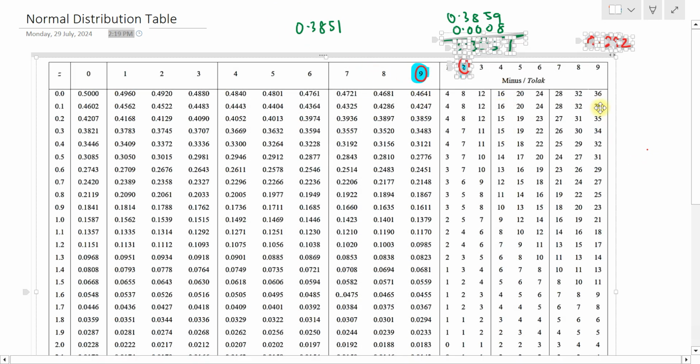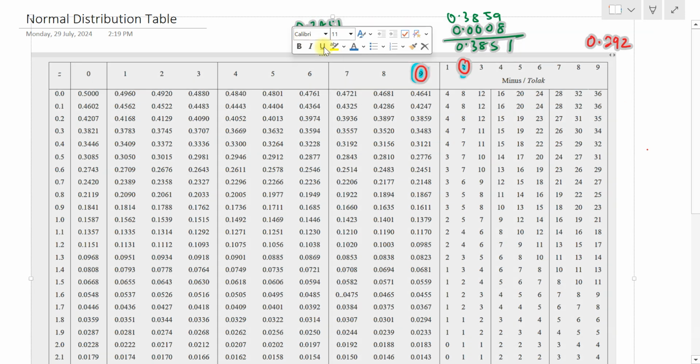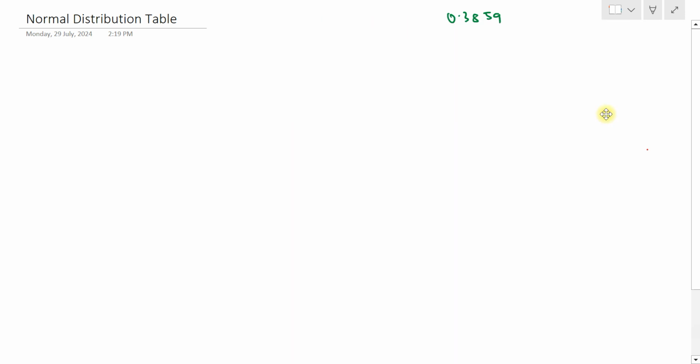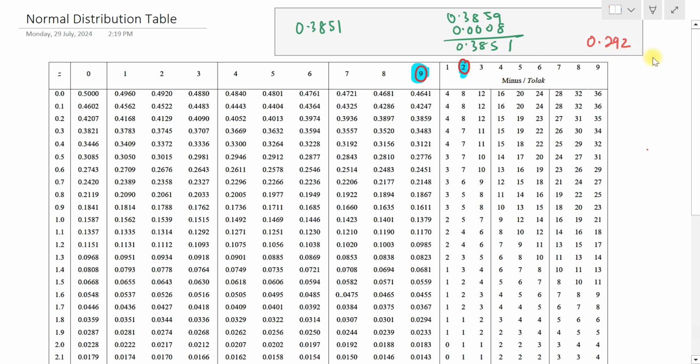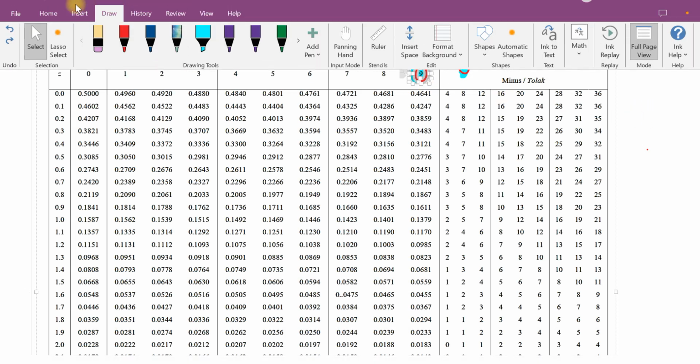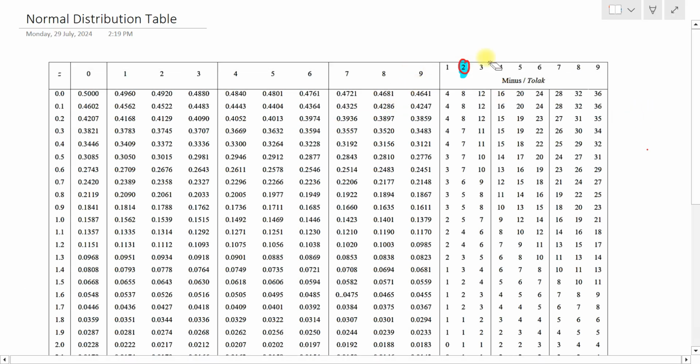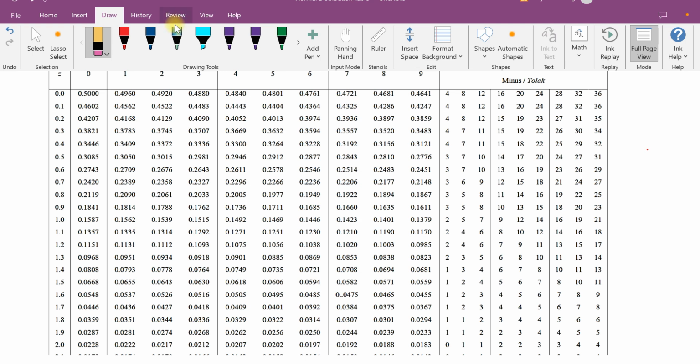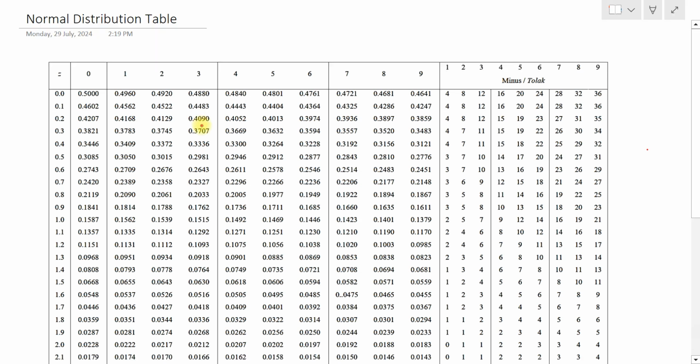Hold on, I want to erase this part. Not possible. Anyway, let me use the eraser. Okay, it worked.